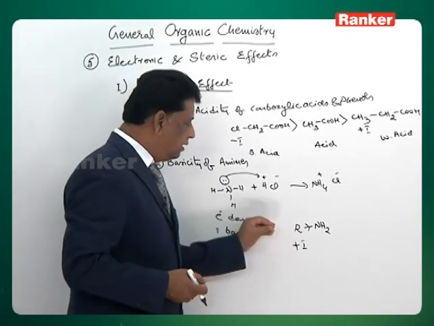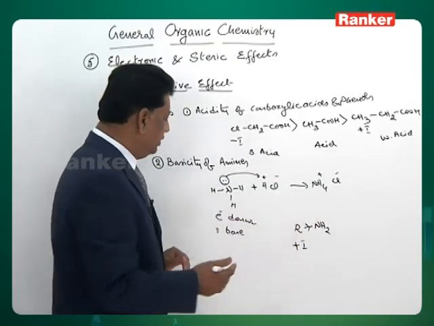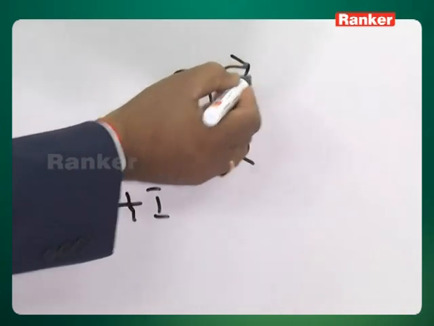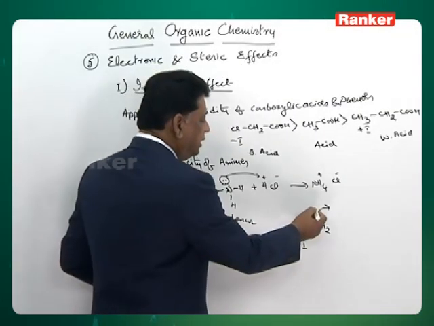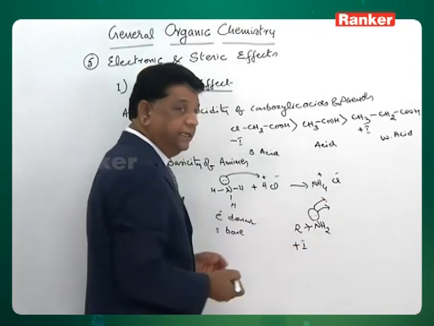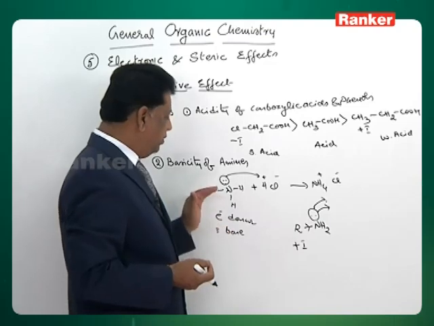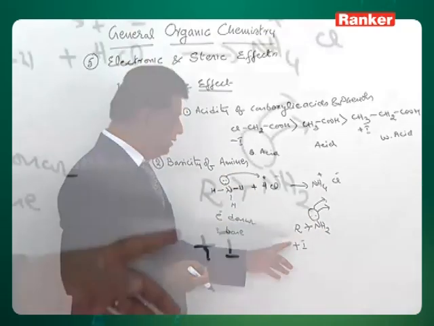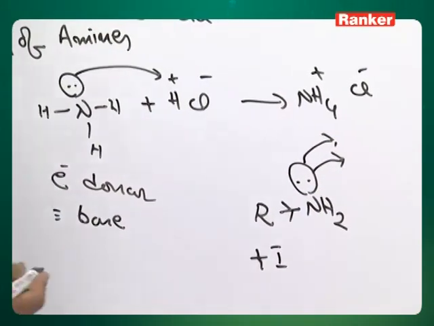A small electron density through the sigma bond is shifting to the nitrogen. Originally the lone pair has a donating capacity. Now, because of this alkyl group, the donating capacity has increased. This was not there in the original ammonia. Original ammonia has a donating capacity, but the increased donating capacity is found only in alkyl substituted amine.